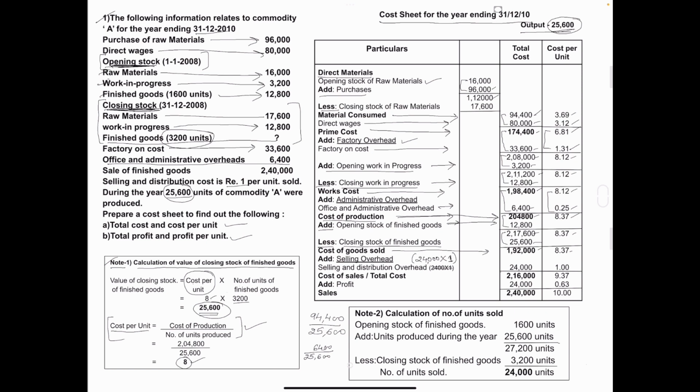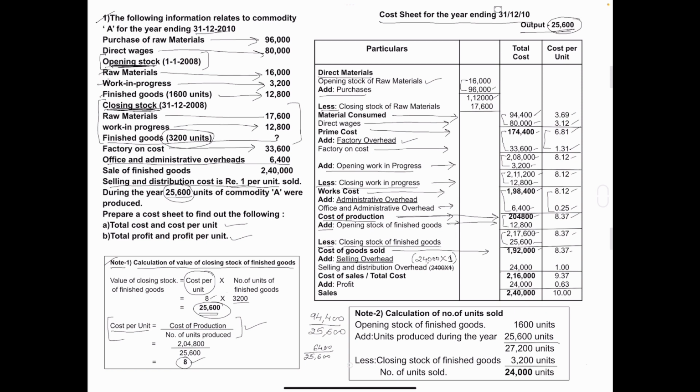For example, sales manager salary, commission to salesmen, advertisement, bad debts, free gifts, etc. All these overheads come under this head. So see in the problem, selling and distribution cost is ₹1 per unit sold.